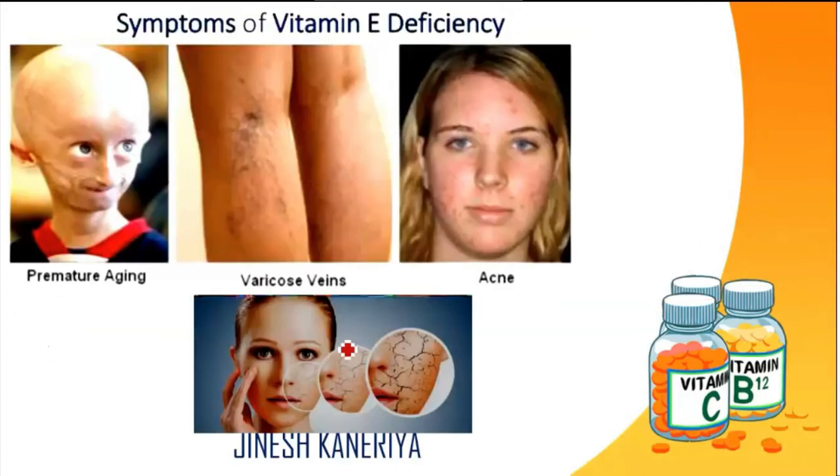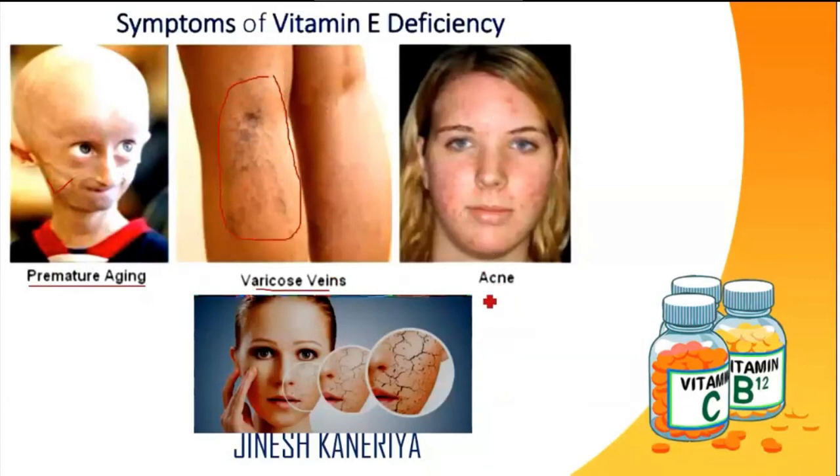So these are the symptoms of vitamin E deficiency. Premature aging, so a small child can look like an old one. Various veins are seen on the layer of the skin.